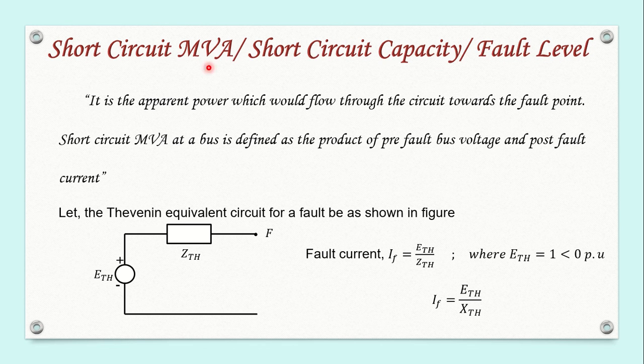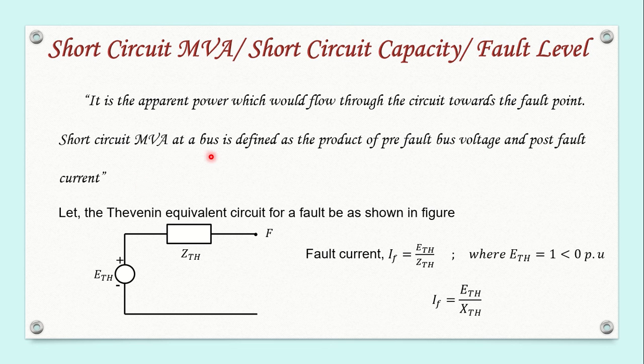MVA is the apparent power, we know. Short circuit MVA is the apparent power which would flow through the circuit towards the fault point. It is defined as the product of pre-fault bus voltage and post-fault current.